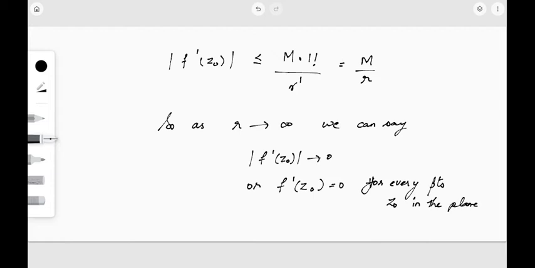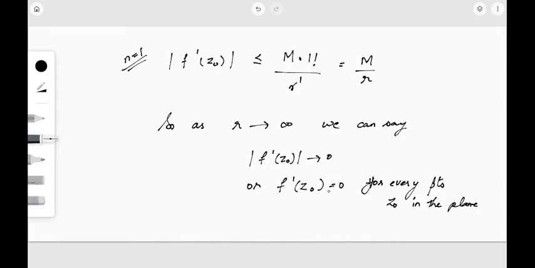So we applied Cauchy's inequality for the case n is equal to 1. Now when n is equal to 1, this is the Cauchy's inequality. So we get this modulus is less than or equal to M by r. So if you make the radius arbitrarily large, we can say that the derivative tends to 0, or the derivative will be equal to 0.